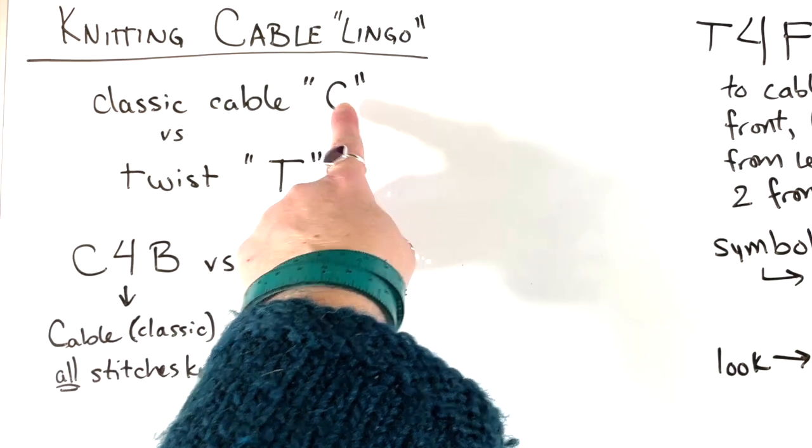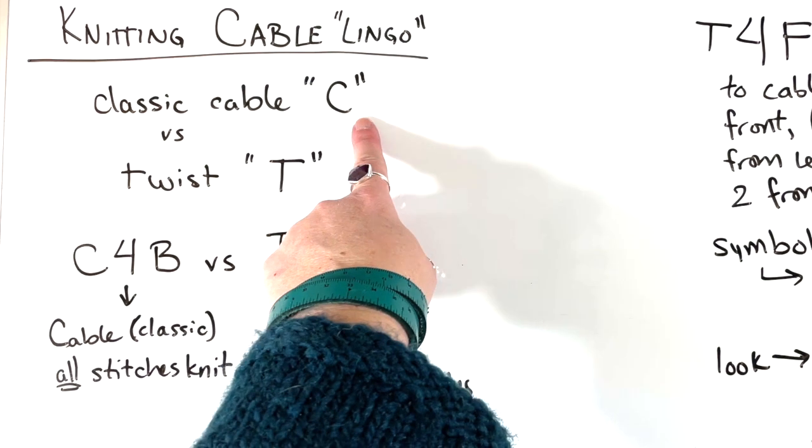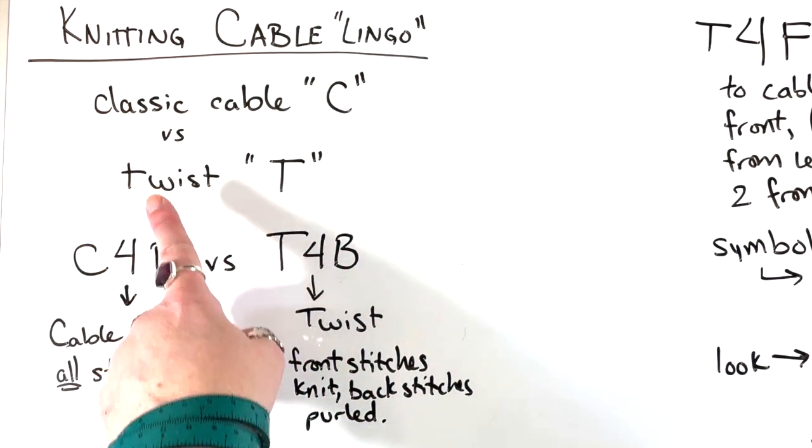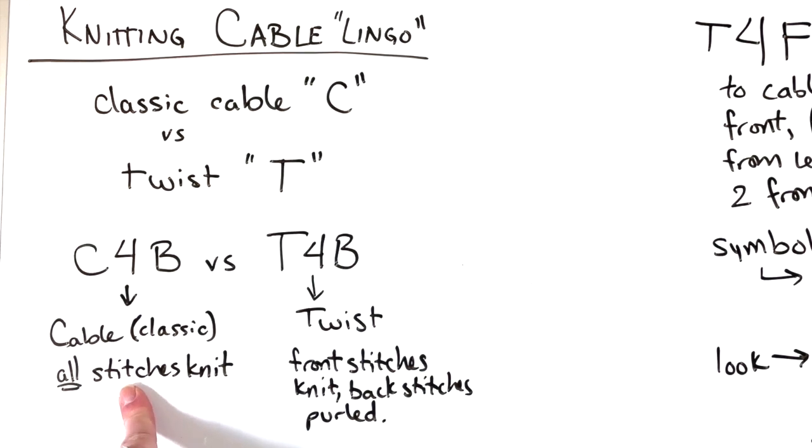I would call them both cables, but the C is a classic cable and the T is a twist. Now, in a classic cable, all the stitches are knit, versus a twist, where the front stitches are knit and the back stitches are purled.